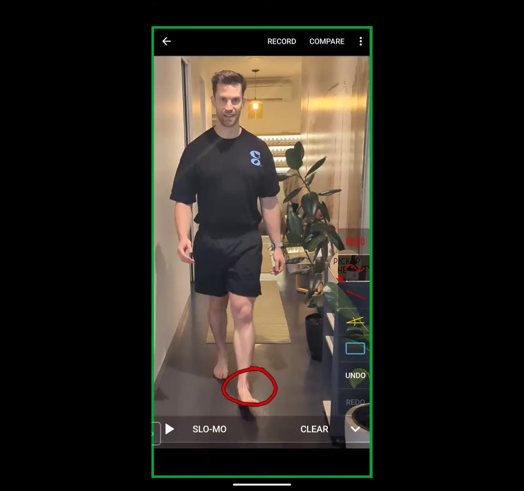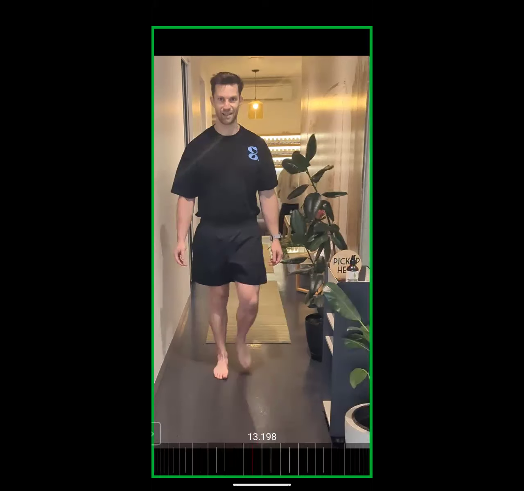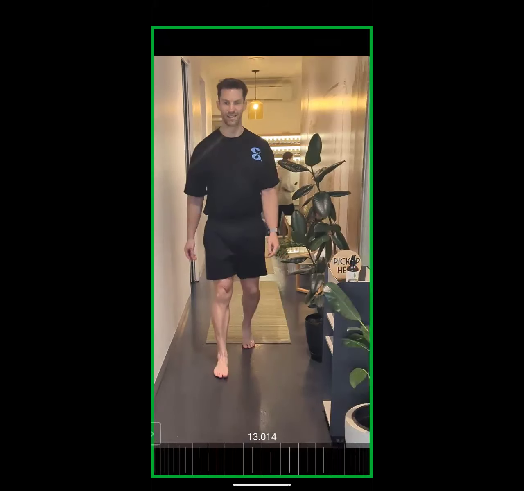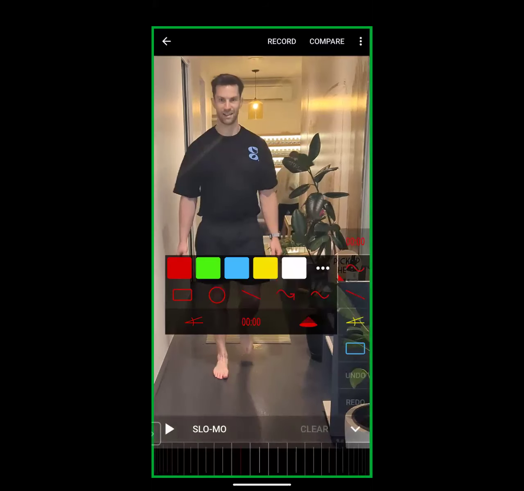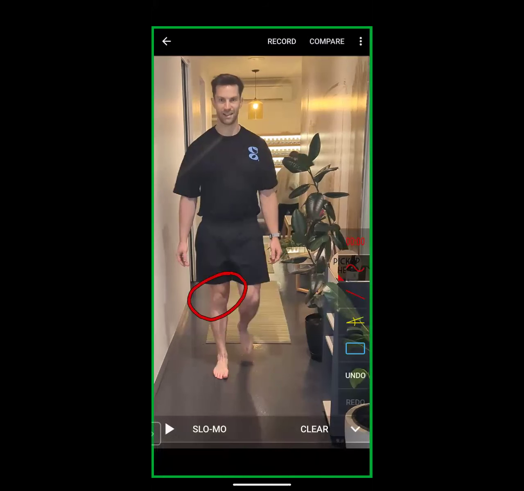So there's some discombobulation on both sides, but what it looks like is that this knee here is certainly in need of some extension and to find the external rotation of the femur.